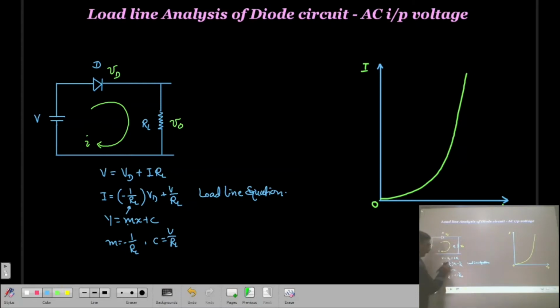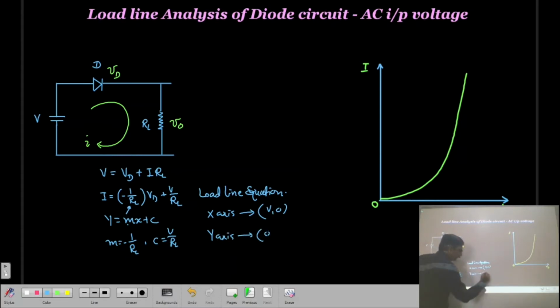In this expression, you put the x parameter 0 and find out the y. Then you put the y parameter 0 and find out the x. So you will get two points. One of the points on the x-axis, you will get the coordinate as V and 0. And on the y-axis, you will get the coordinate that is 0 and V by RL.